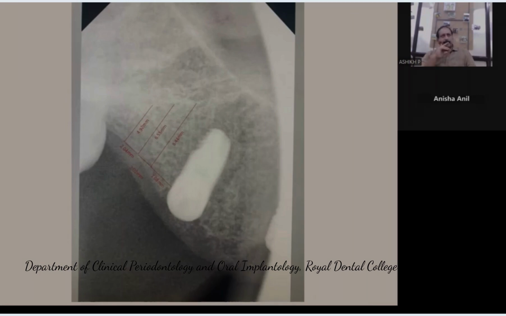How will you manage it? We need to expand the ridge as well. But make sure you're not going to harm the nearby implant. How will you do that? If you expand that region beyond the limit of that bone, definitely that bone is going to crack and your earlier implant is going to face its problem as well. Because it's already an integrated implant.